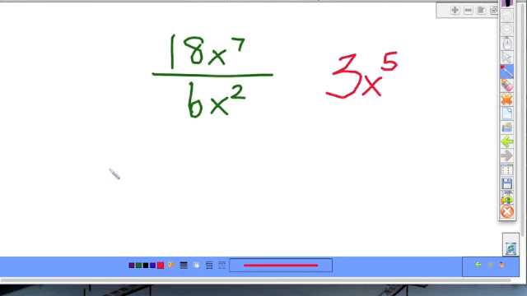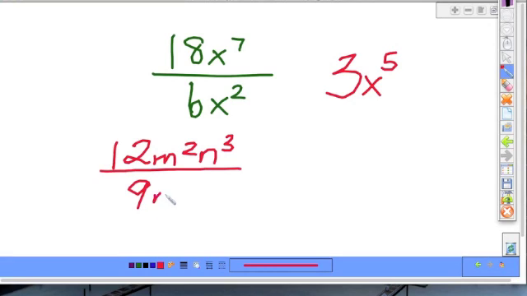Let's look at one that has 2 variables. We have 12m squared n to the 3rd all over 9m n to the 2nd.